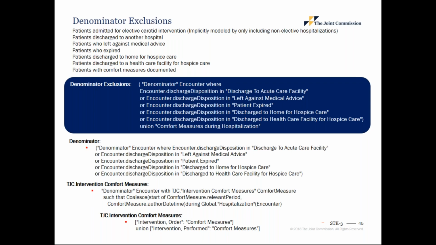So although the denominator exclusions for stroke 2 and 3 are the same, there is a slight difference because the denominator is different. Therefore, rather than using the ischemic stroke encounter definition, we'll begin to use the denominator encounter to start each expression.